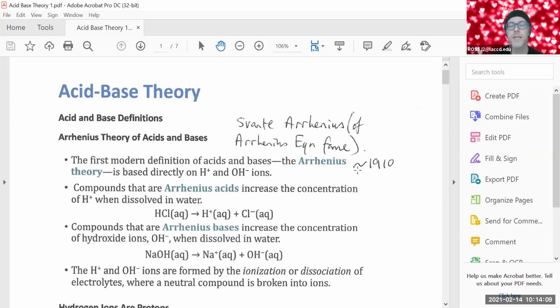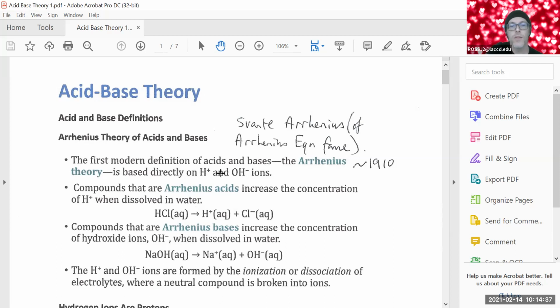Basically, Arrhenius said that an acid is anything that accumulates protons in solution, and a base is anything that accumulates hydroxide ions in solution. When I say proton, I mean H+, and hydroxide is OH-.